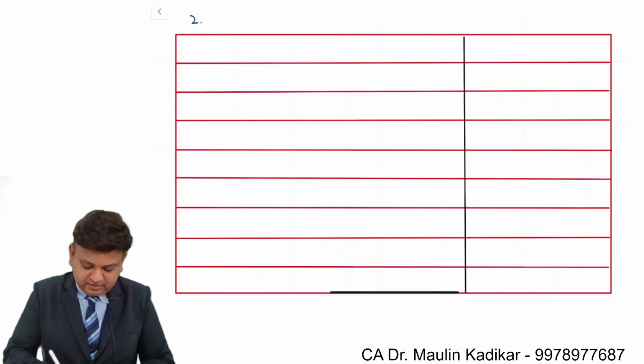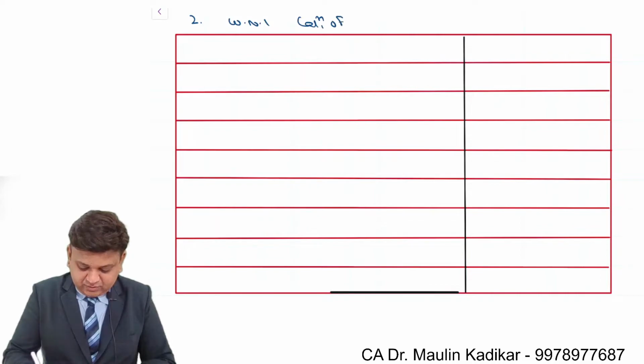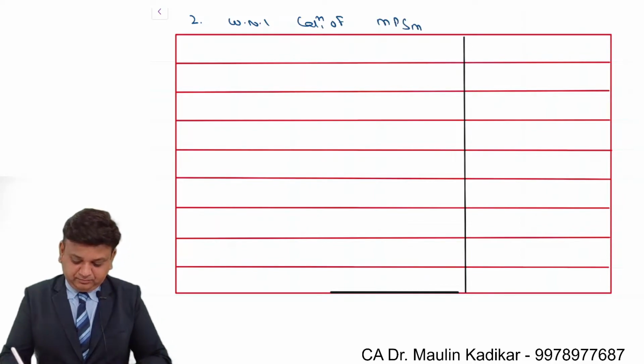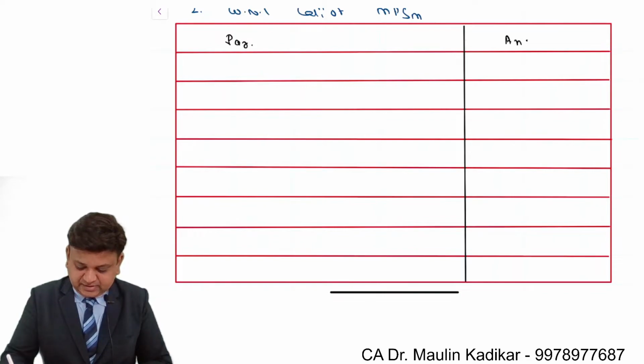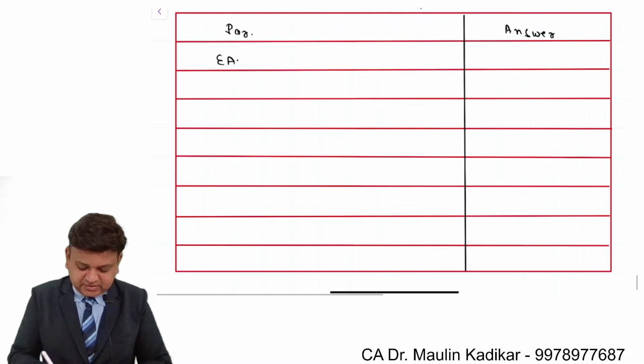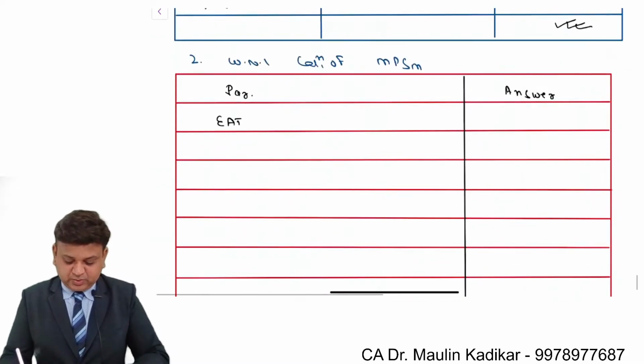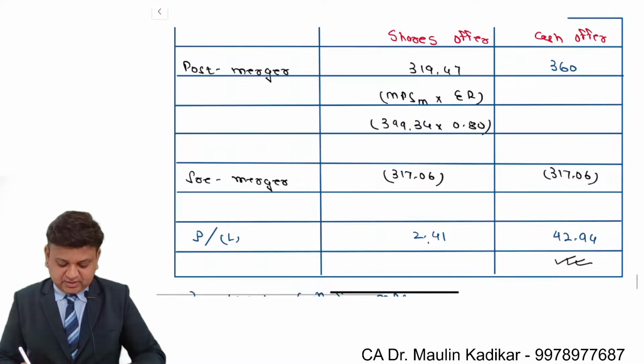So in order to give the answer for the second question, I request all of you to write an answer along with me. Working note number 1, calculation of MPS of the merged firm. In that, we will have answer like this. We'll start with the earning after taxes. Dear students, we understand that there is no increase in the earning.